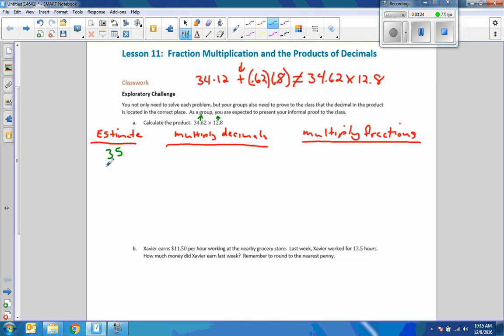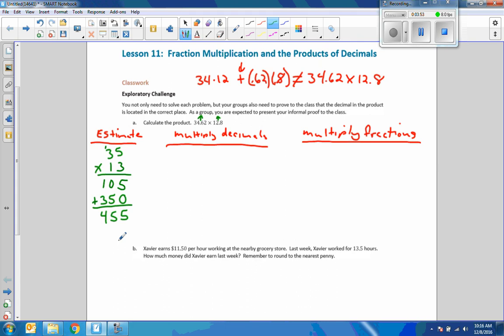Round 12.8 up to 13, and then multiply. 3 times 5 is 15. Carry the 1. 3 times 3 is 9, plus that 1 is 10. Write down your place marker. 1 times 5. 1 times 3. Add these, and we get an answer of 455. So our estimate is 455.